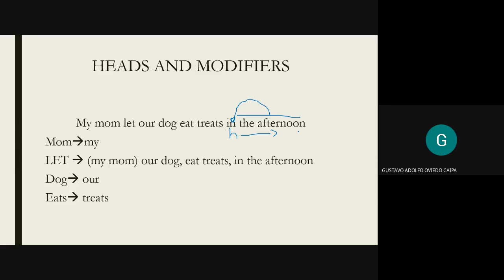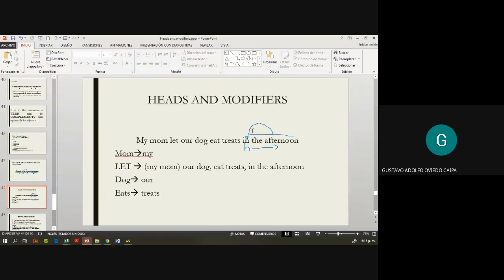You see, prepositions normally have an object next to them. And prepositions are going to be almost always the heads of those objects. All right. Let's discard this. So in, the modifiers of in would be the afternoon.